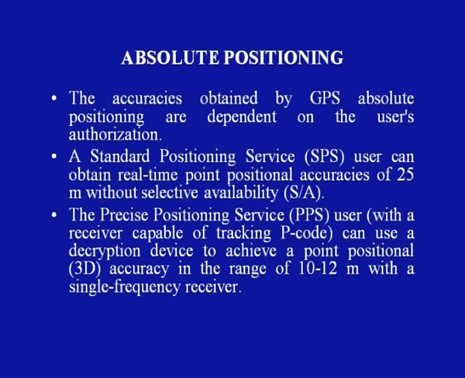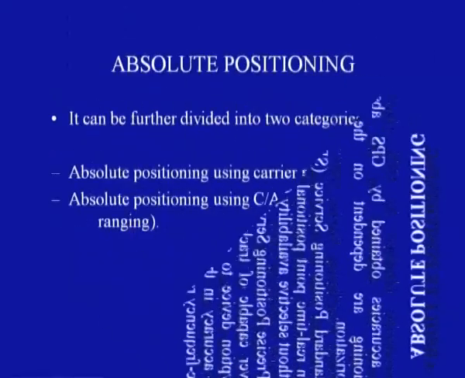In the other mode, that is the precise positioning service or PPS, a user with a receiver capable of tracking P code can use a decryption device to achieve a point position in 3D accuracy in the range of 10 to 12 meters with a single frequency receiver.